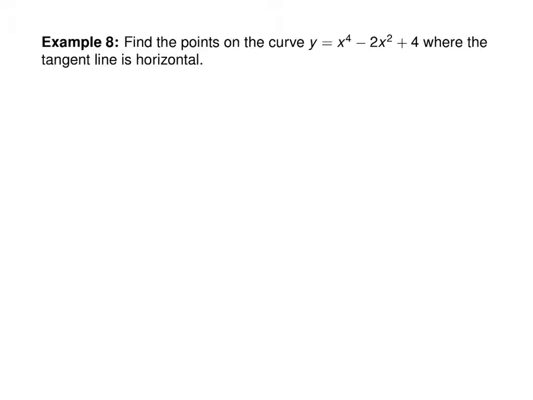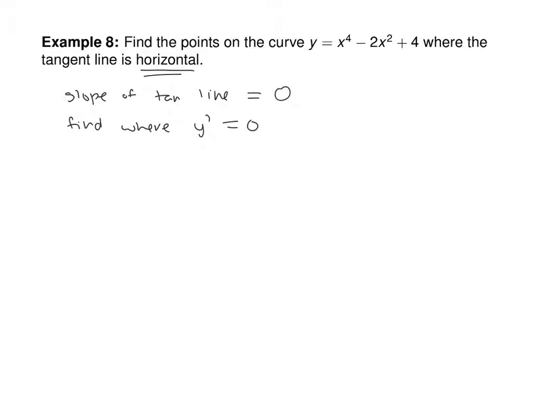All right, find all points on this curve where the tangent line is horizontal. If the tangent line is horizontal, that means the slope of the tangent line is equal to what? 0. So you have to find where y prime equals 0.